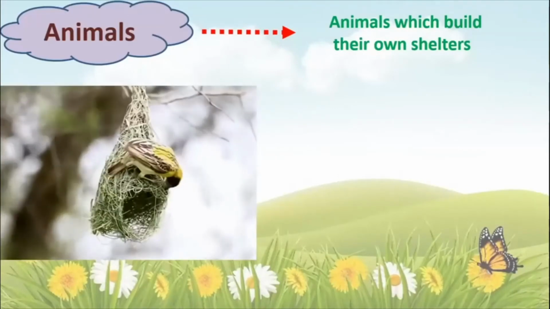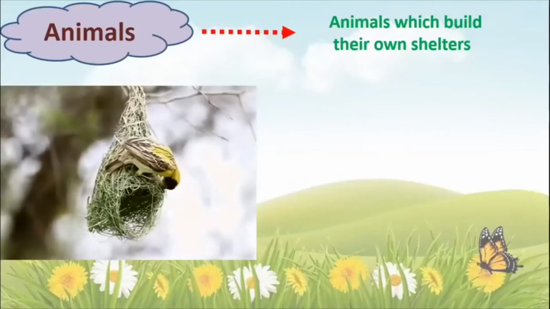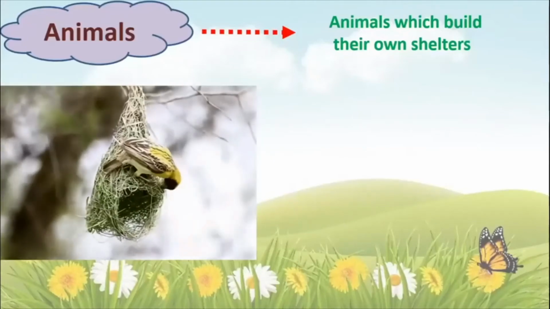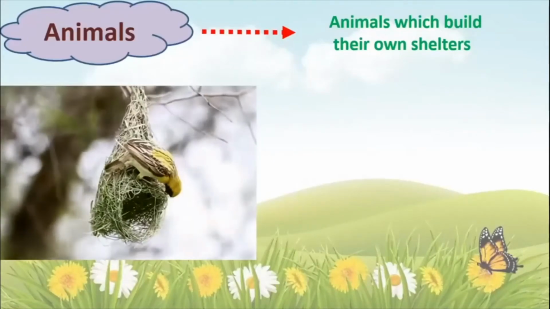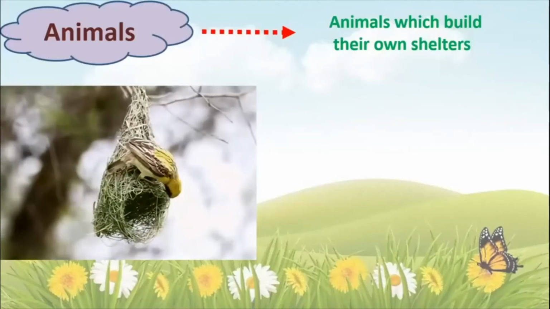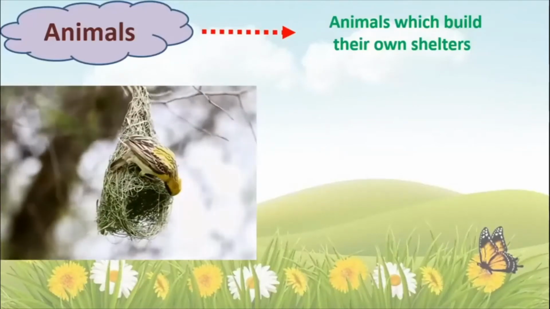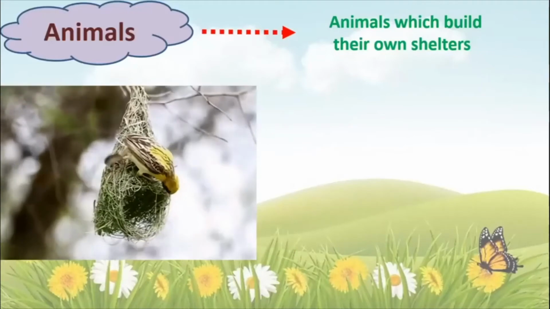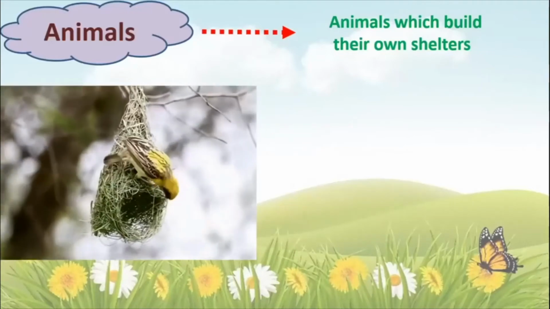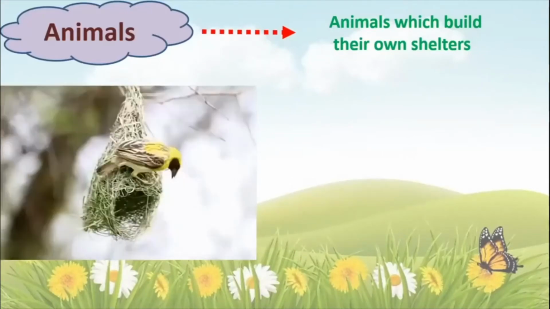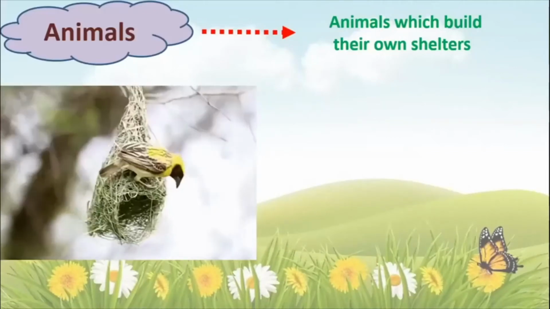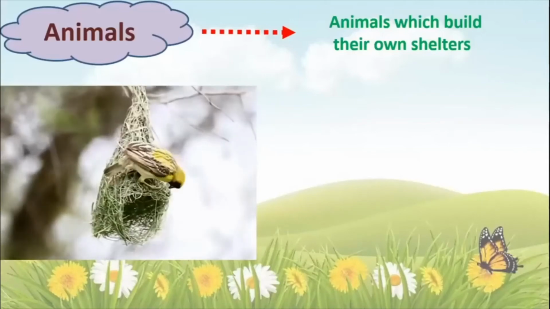See here, this beautiful bird using grass, using twigs, using sticks, cotton pieces. What does the bird do? It builds a beautiful nest for its own living and for its family, that is for its babies. Okay, it will lay eggs in the nest and its babies will be safe in the nest.